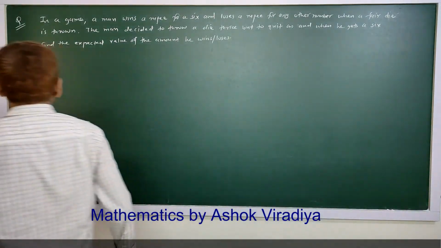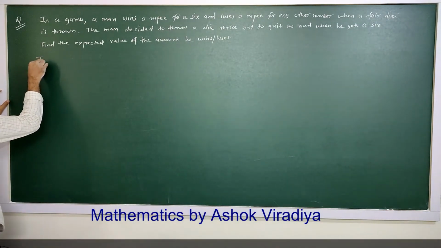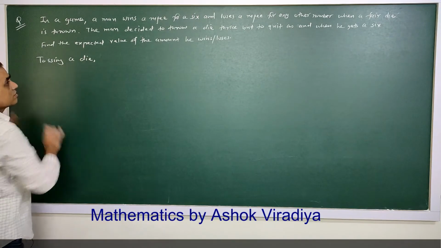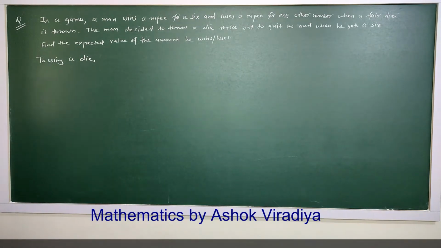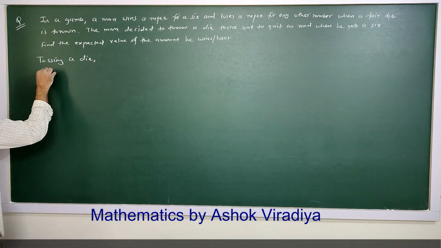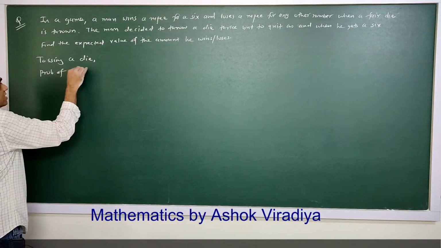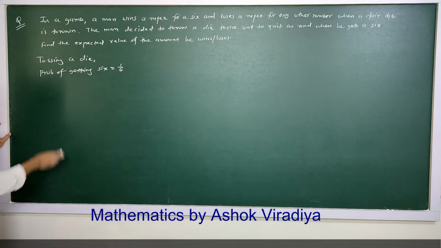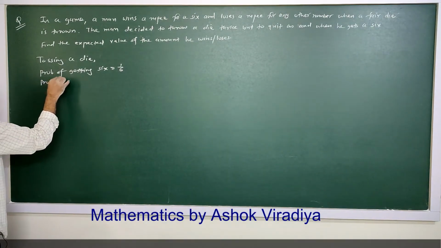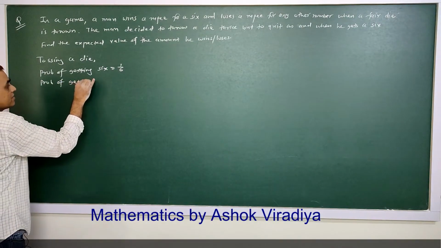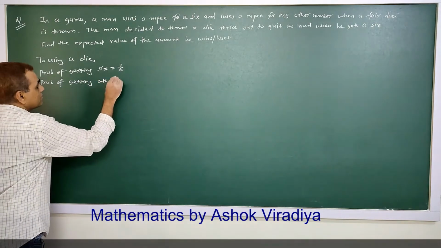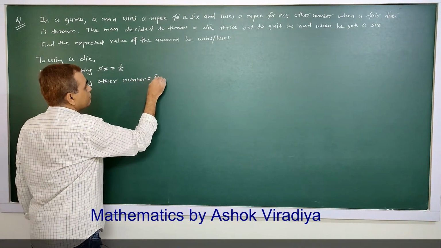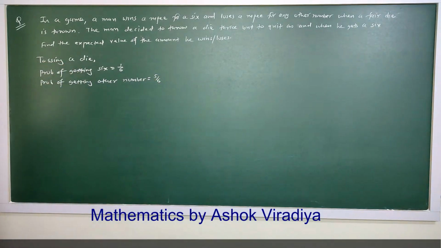So here, tossing a die, we suppose probability of getting 6 is 1 by 6 and probability of getting other number is 5 by 6.